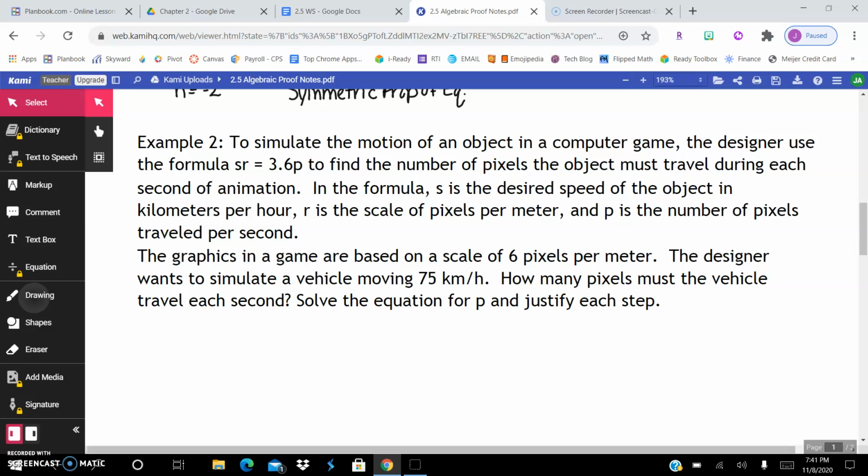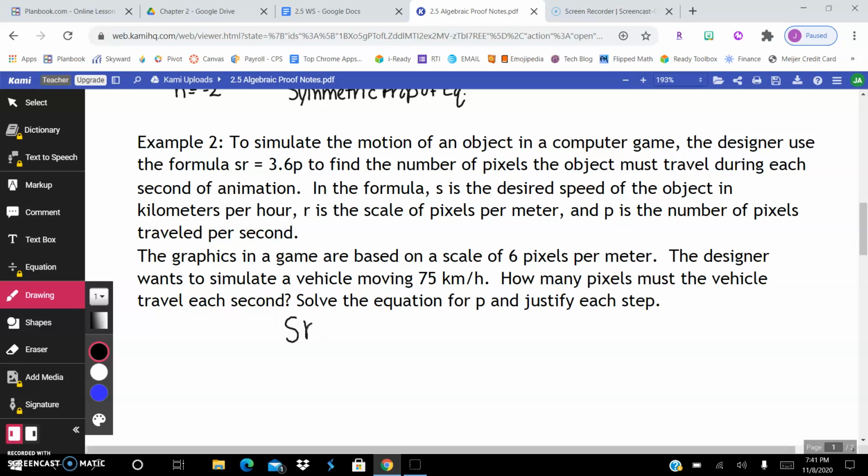So our starting equation is S times R equals 3.6 times P. And it says S is the desired speed of the object, and they said that was 75. So I'm going to put 75 in here for S. R is the scale in pixels per meter, and they told us down here that that was 6.